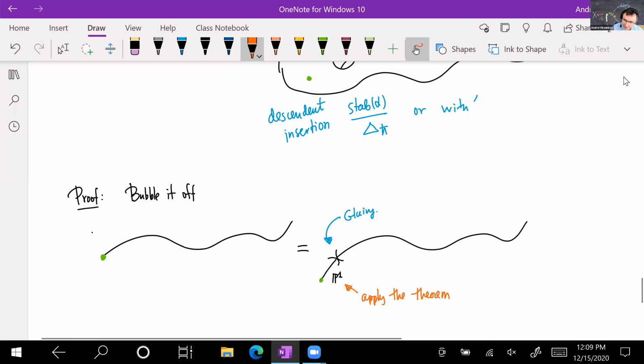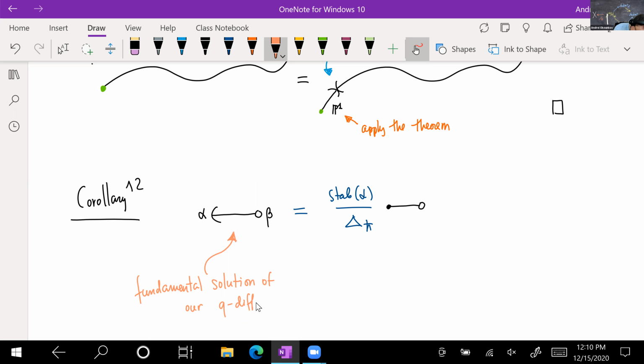This is just a special case of what's above. But now this object here is a vertex which is relative at one point and non-singular at the other point. So this is a fundamental solution of our difference equations.